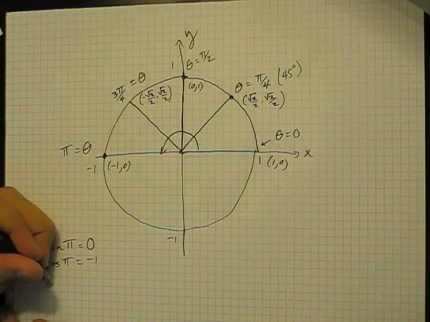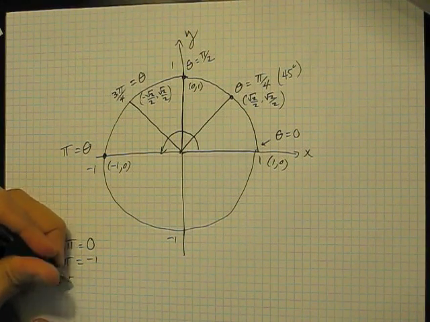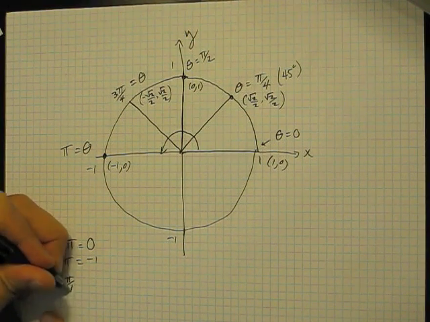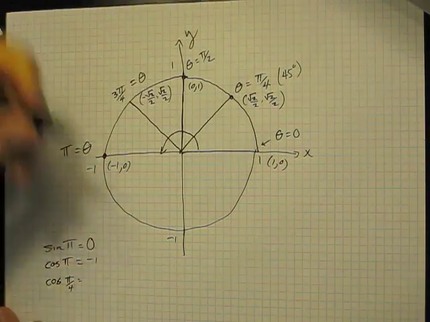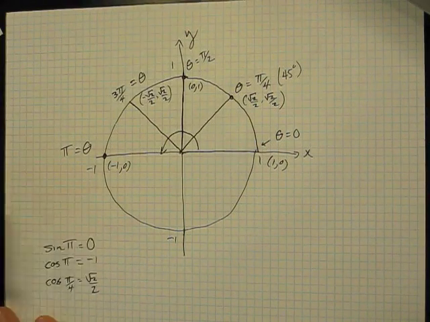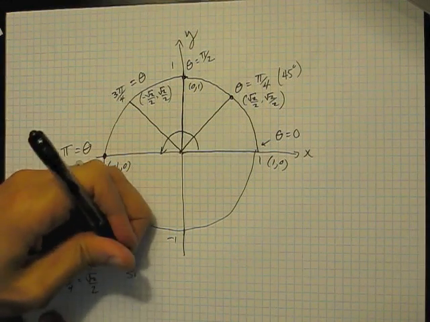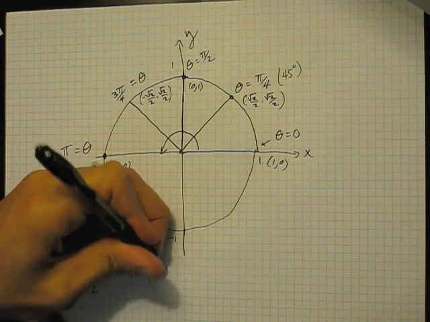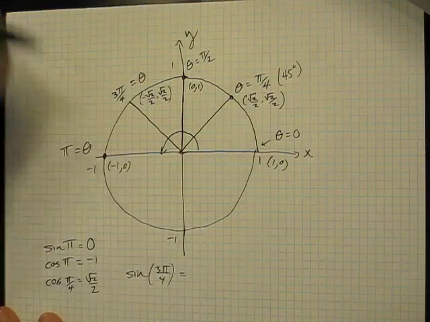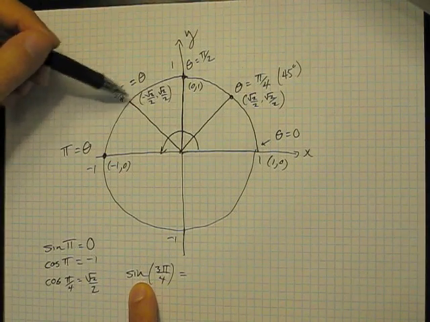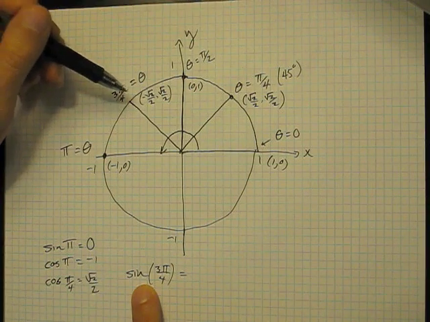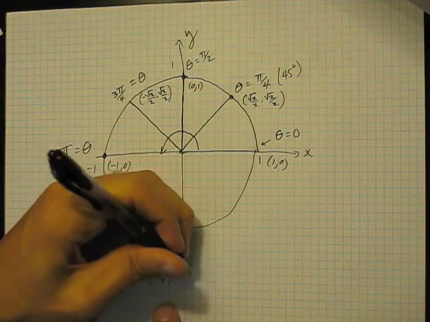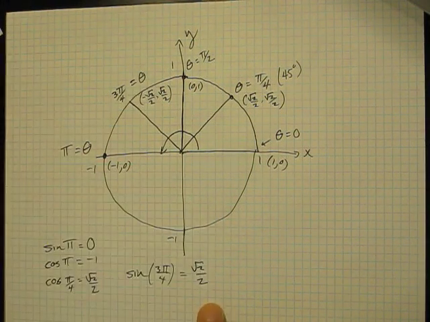The cosine of, let's try pi over 4. So pi over 4 is this angle right here. It's just the x value, so it's root 2 over 2. The sine of 3 pi over 4, so we look at the y-coordinate at 3 pi over 4, 3/4 of the way, halfway around, and we look at the y-coordinate, it's root 2 over 2.